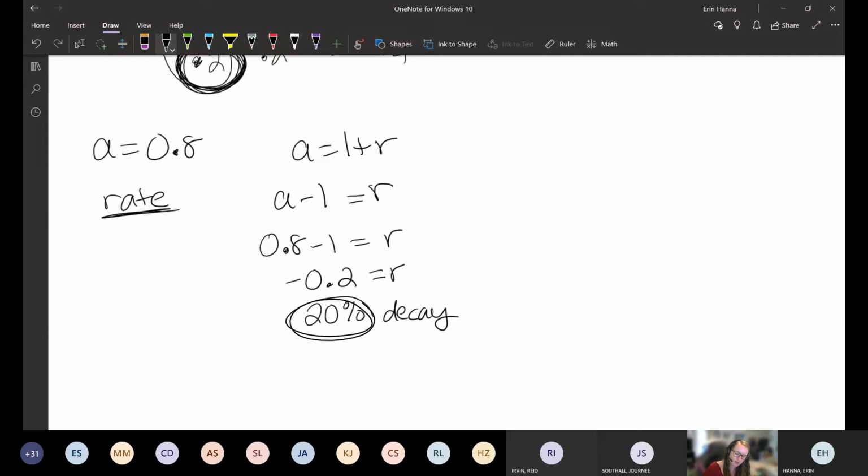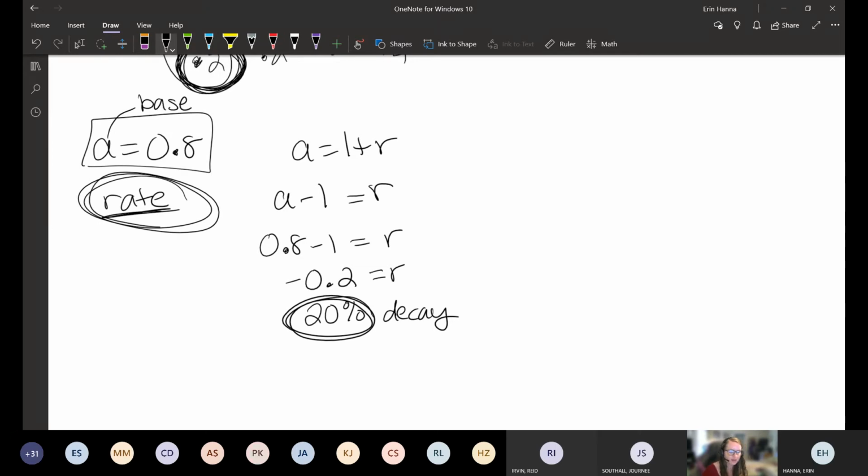So you're looking for the 20% here. You didn't want the base, you wanted the rate. If you ever see the A value, that's going to be associated with the word base, and the R value is going to be associated with the word rate. So you said 2%, so it just should have been 20%. I didn't finish reading the rest of your question. Already answered that.